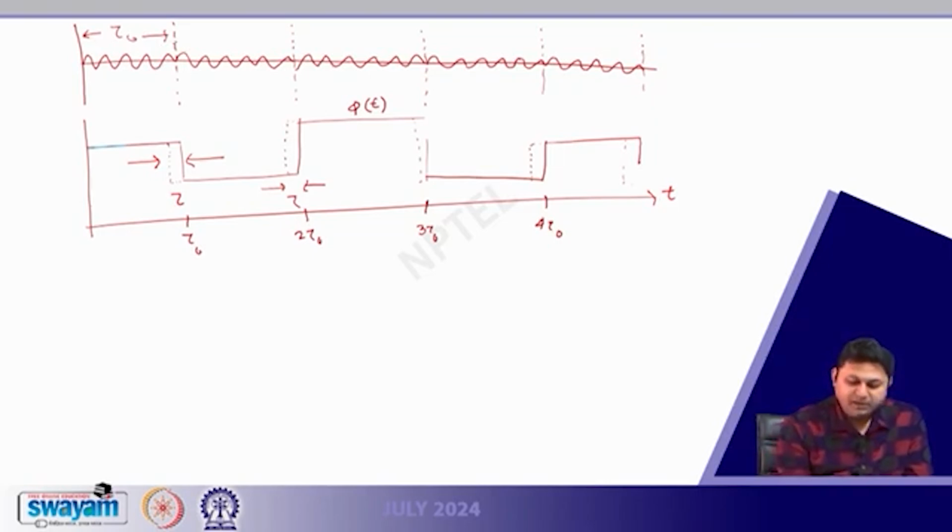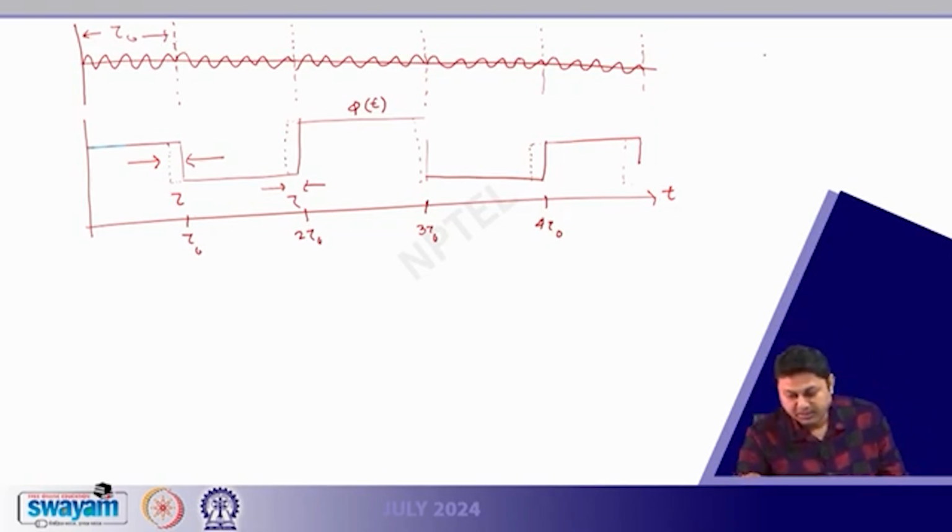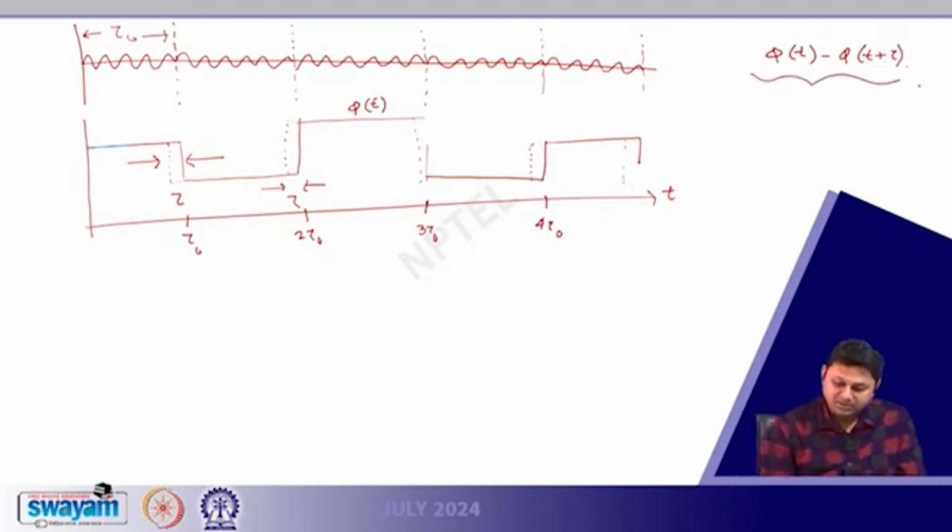Now when we find the difference, because if you carefully note, it is phi t minus phi t plus tau, that was the term we need to calculate.